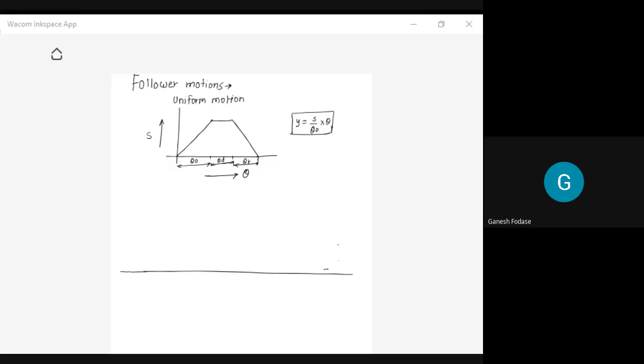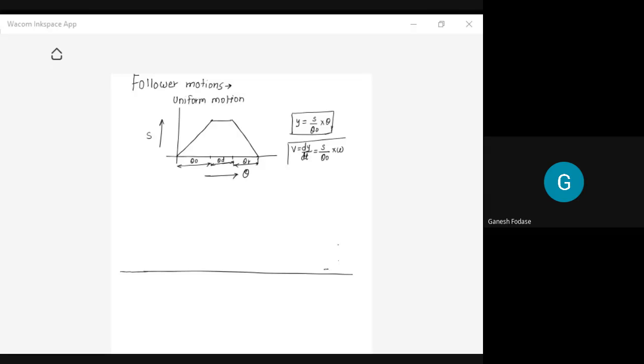Then we determine the equation of velocity. If I differentiate this y with respect to time, I get velocity. Can anyone tell me that velocity equation? It is s upon theta o into omega.